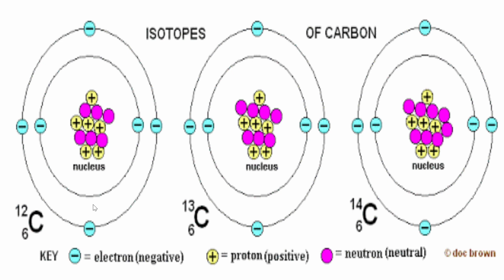So the number of neutrons present in C 6 12 is 6, in C 6 13 is 7, and in C 6 14 is 8. Neutrons we are representing by pink spheres. So you have got 6 neutrons here, 7 neutrons here, and 8 neutrons here. Okay, children. So these are the isotopes of carbon.